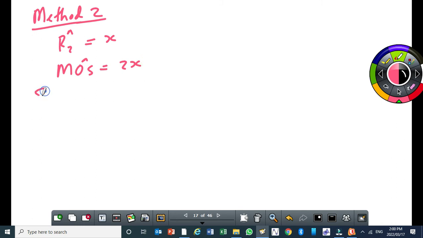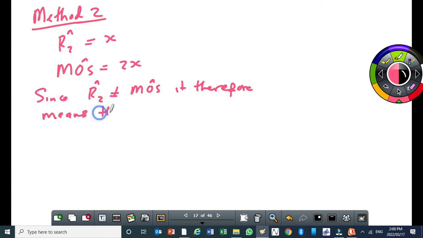Then you say, since R2 is not equal to MOS, it therefore means that SRMO is not a cyclic quad.